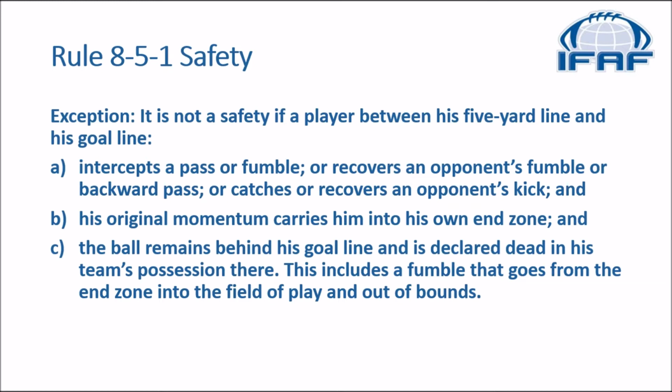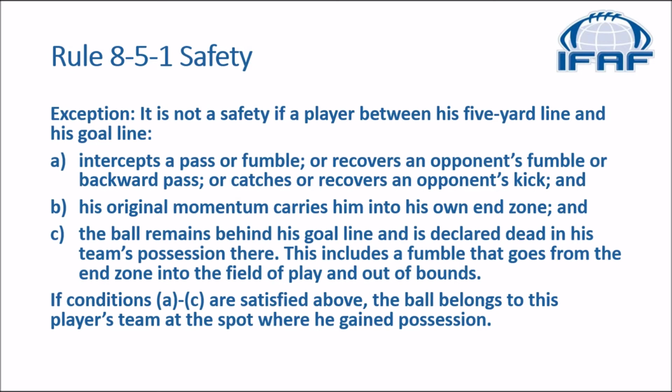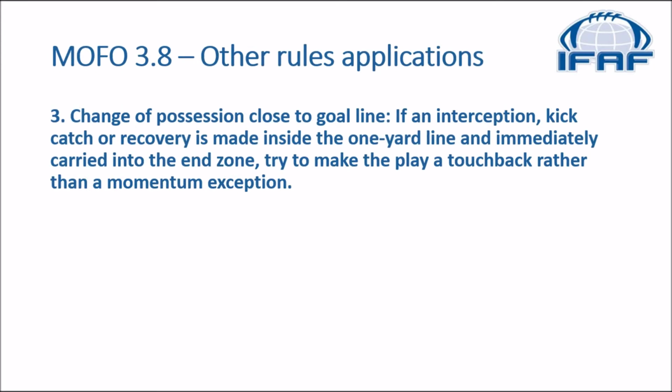This includes a fumble that goes from the end zone into the field of play and out of bounds. And if conditions A through C are satisfied as above, the ball belongs to this player's team at the spot where he gained possession.